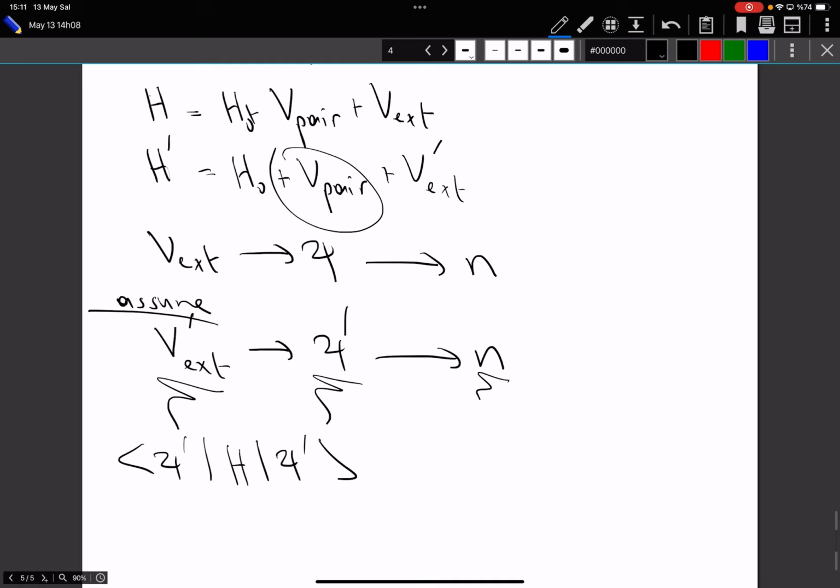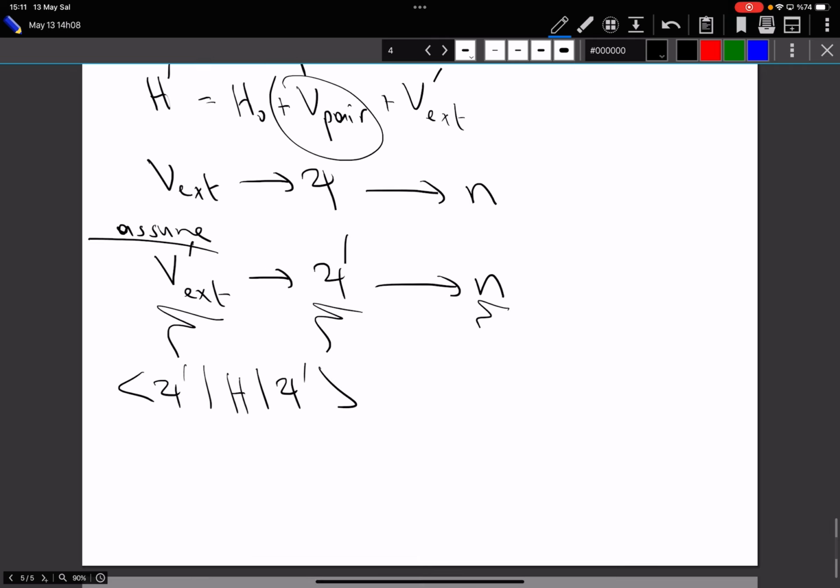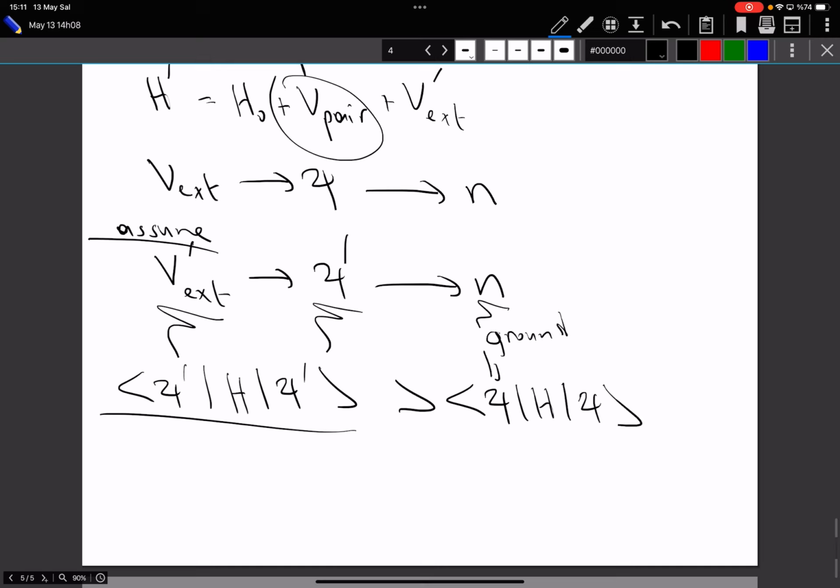And again, I am looking for the ground state. That is also something we should keep in mind. Now, since I'm looking at the ground state, this matrix element has to be larger than psi H psi, because this is a ground state of H.